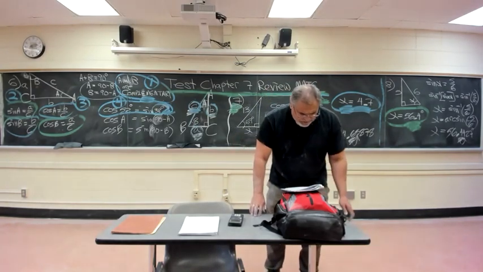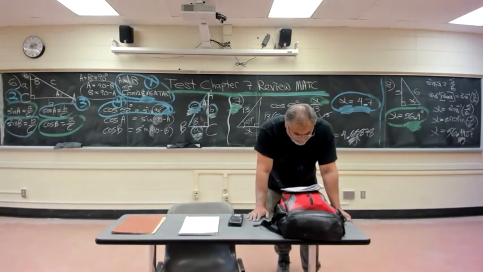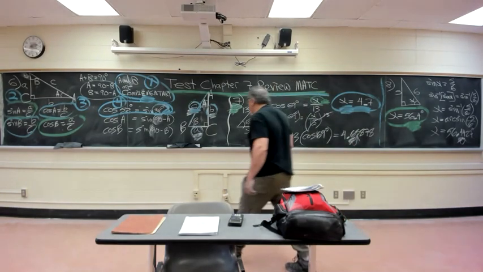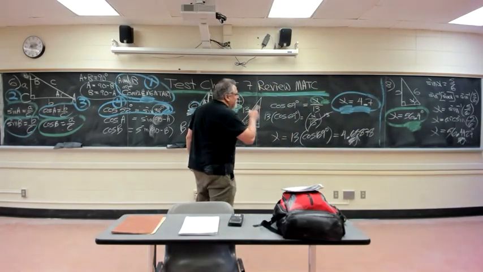Number 9. A 17-foot ladder leans against the side of a house. The top of the ladder is 14 feet off the ground. Find x, the angle of elevation of the ladder. Round your answer to the nearest tenth of a degree. Okay, same argument that we just did for number 8.